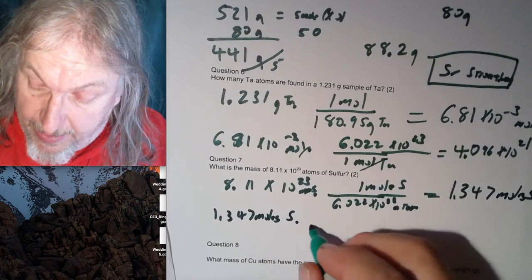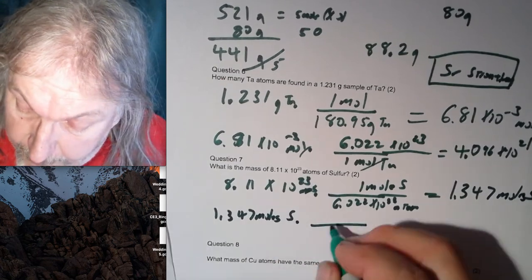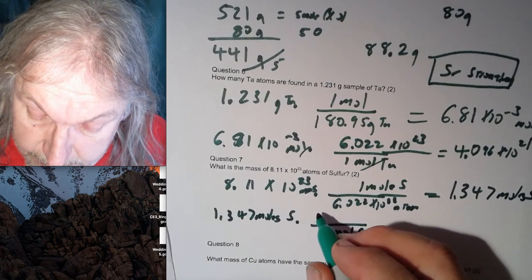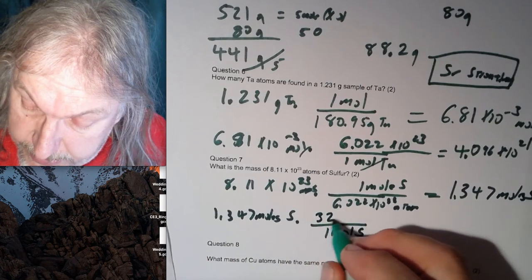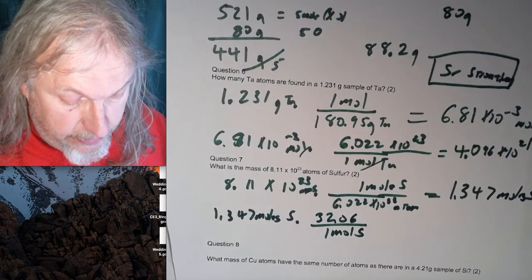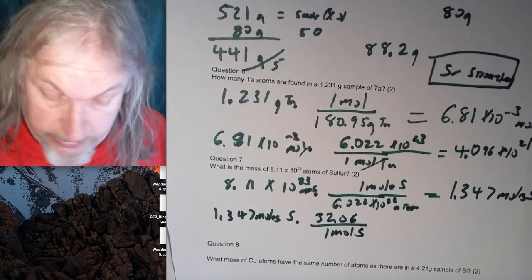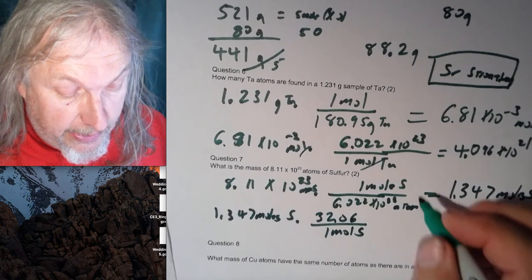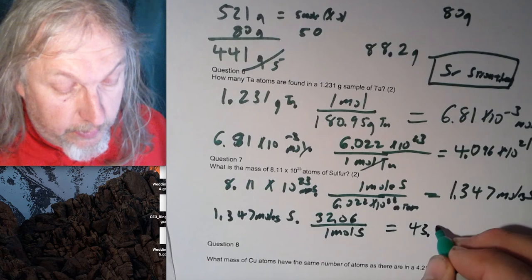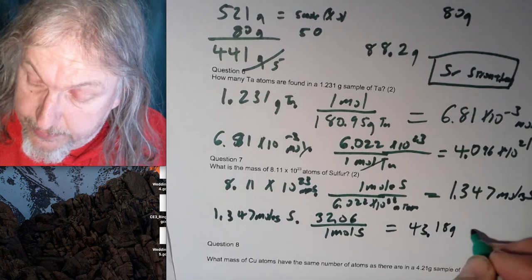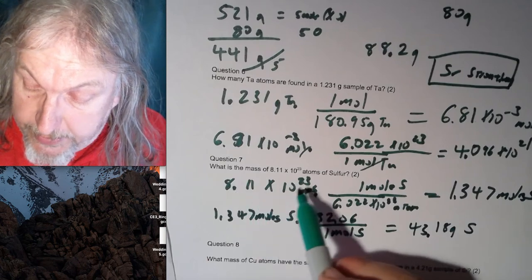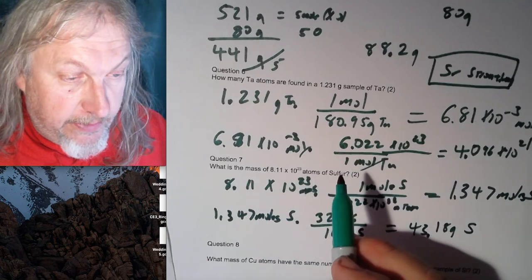Alright, it asks for mass, so I look on my periodic table. 1 mole of sulfur has, let's see, 32.06. Alright, times 32.06, and I get 43.18 grams of sulfur in 8.11 times 10 to the 23rd atoms of sulfur.